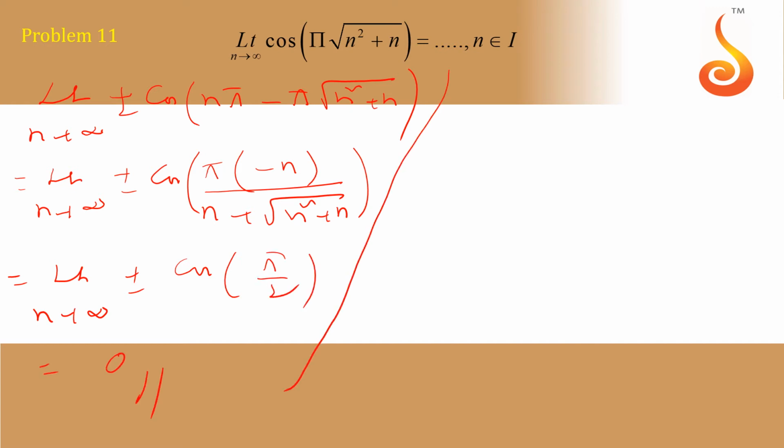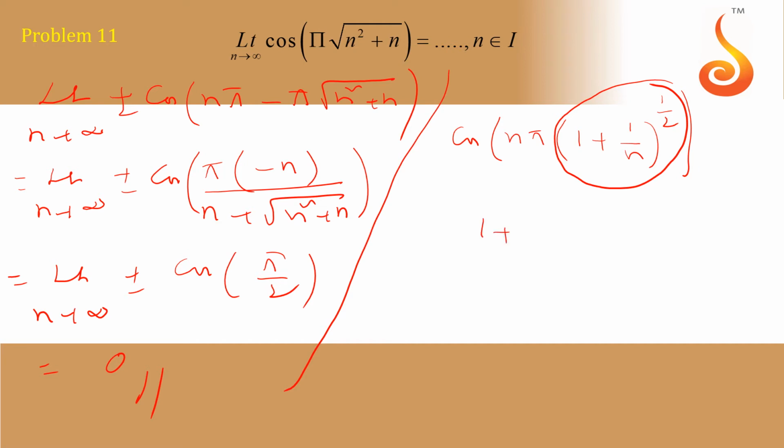You can do in another way also. So this cos of, from inside take n square common. If you take n square common outside, it will be n pi into what you will get inside, n square common, 1 plus n by n square, which is 1 by n, whole power 1 by 2. Observe this, 1 plus 1 by n whole power 1 by 2.